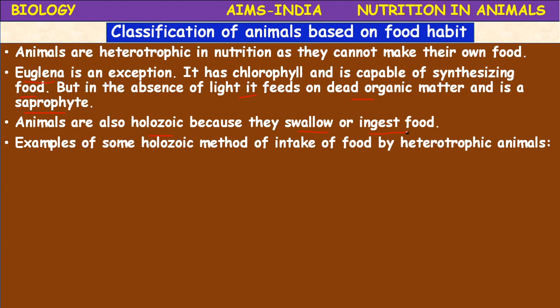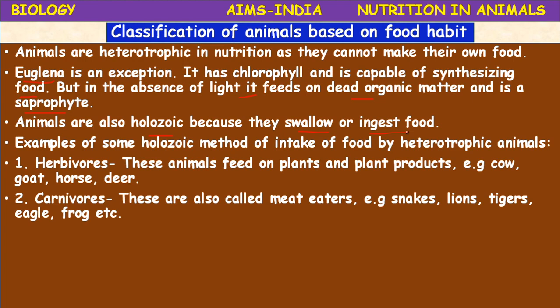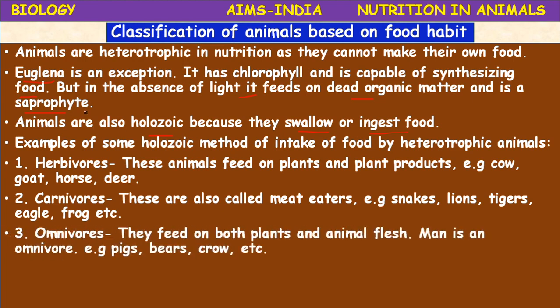The examples of some holozoic method of intake of food by heterotrophic animals, based on that habit, the animals are classified into three major categories: herbivores, carnivores and omnivores. So first, herbivores. What are herbivores? These animals feed on plants and plant products.